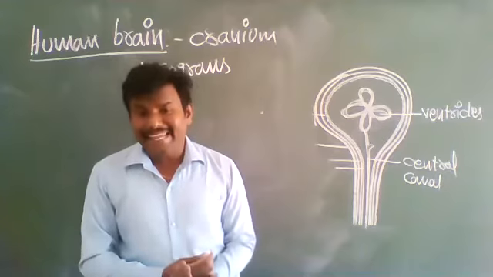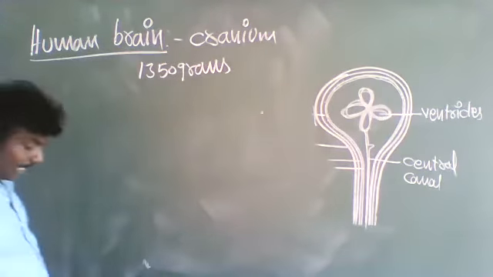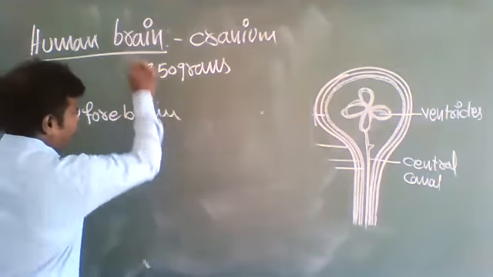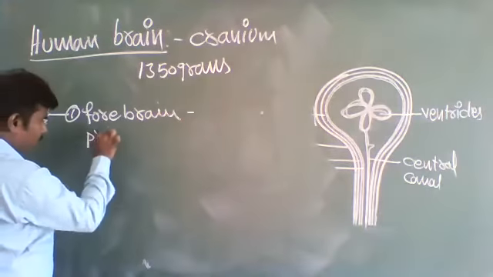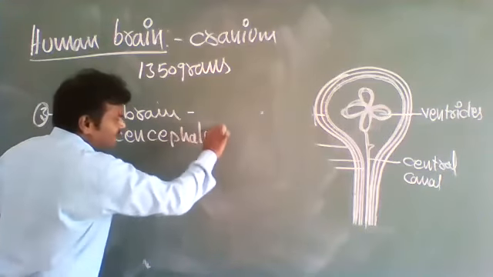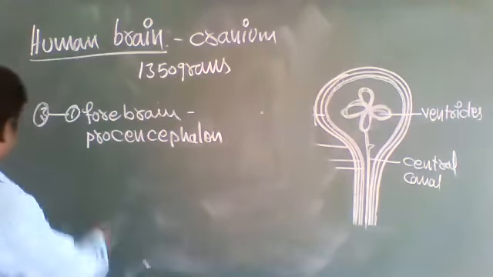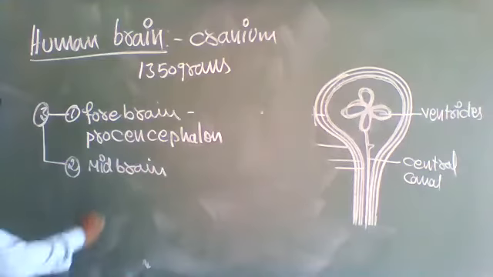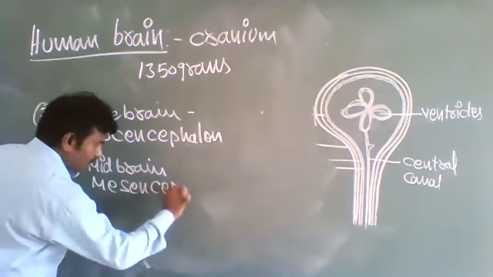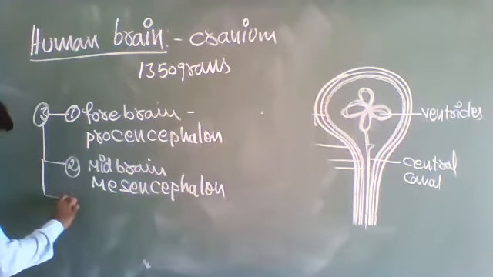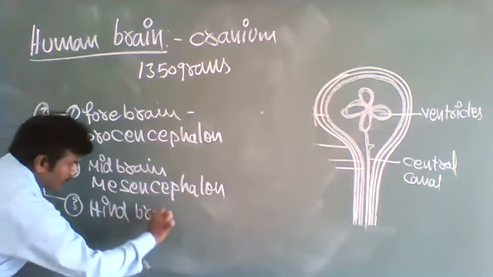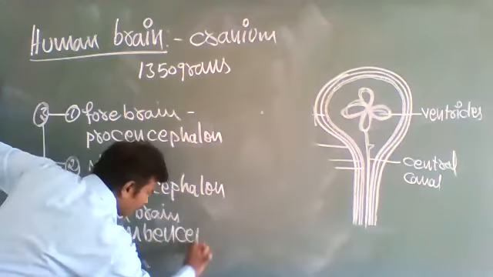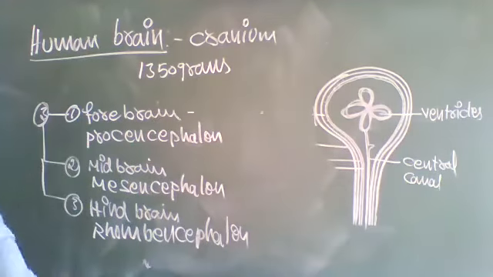So the human brain is mainly divided into 3 parts: forebrain, also called prosencephalon; midbrain, also called mesencephalon; and the third one, hindbrain, also called rhombencephalon.